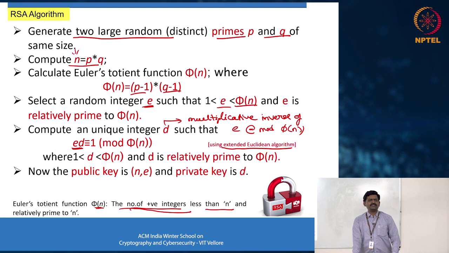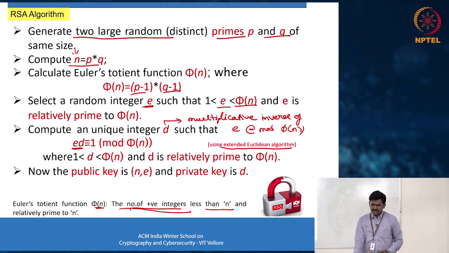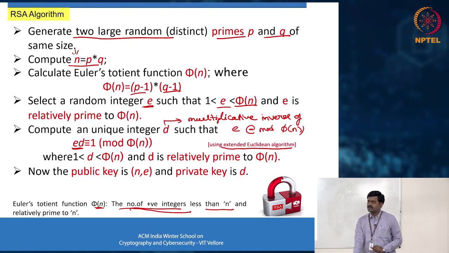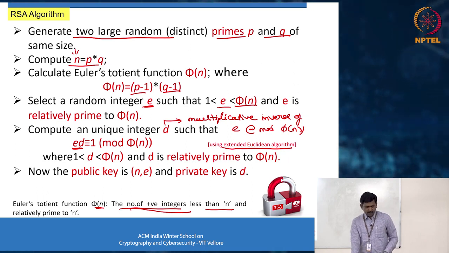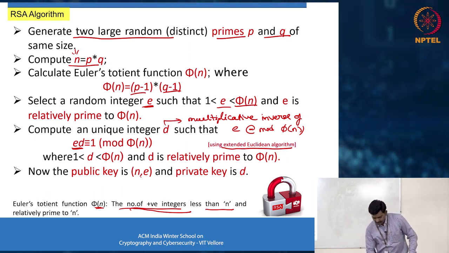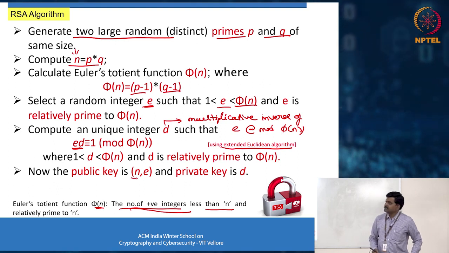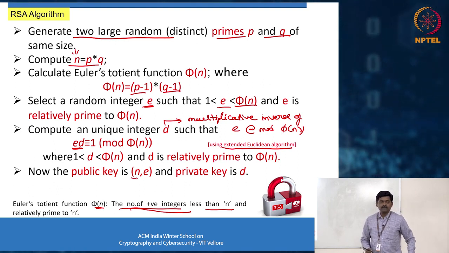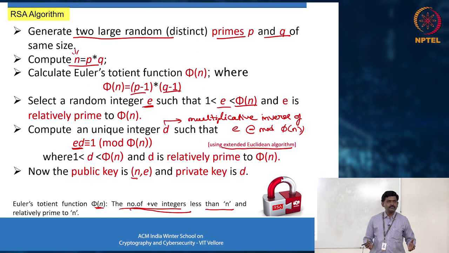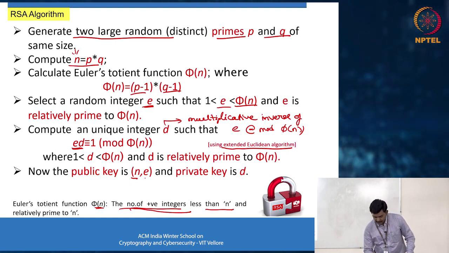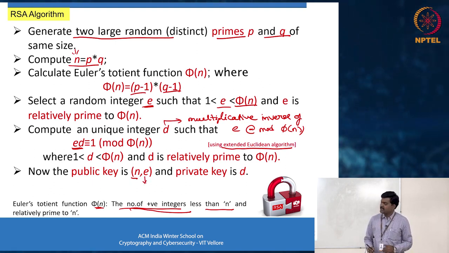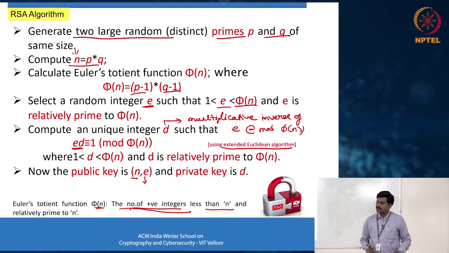Now these are the around 6 steps of RSA. With this, what have you got? You have n. What is n? The product of two prime numbers. What is e? e is a randomly chosen integer which is relatively prime to psi of n.